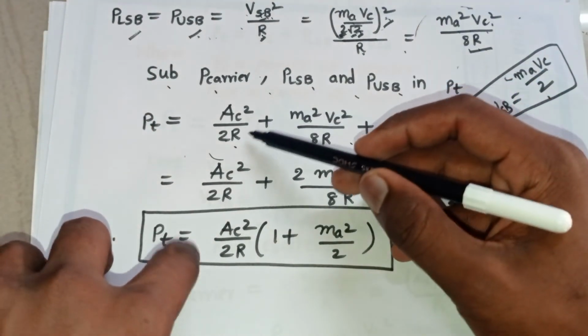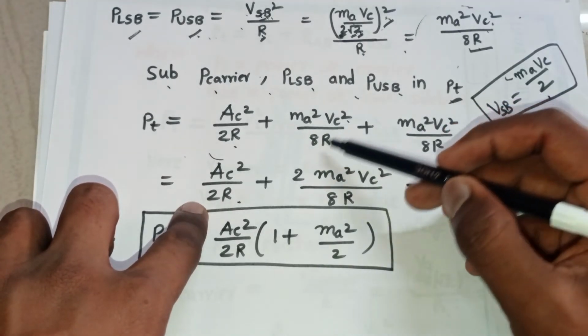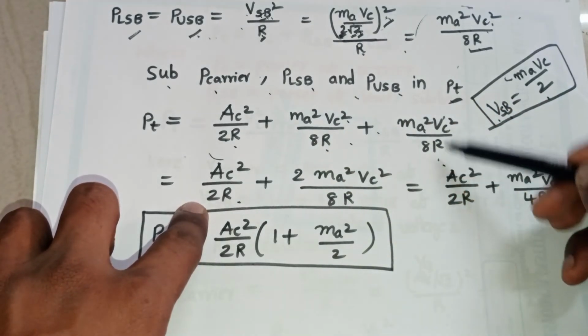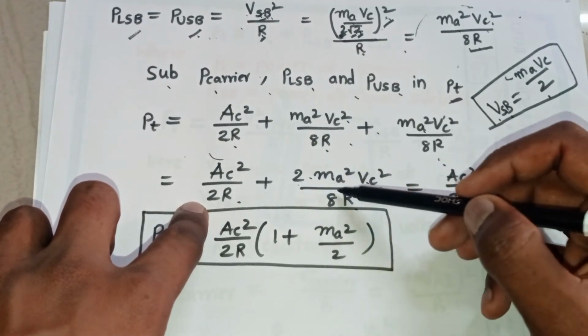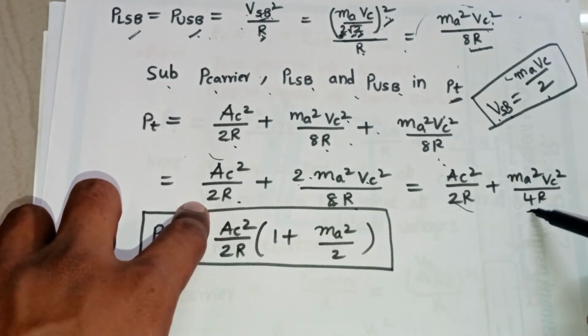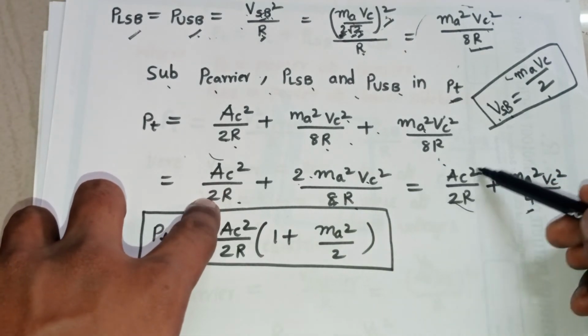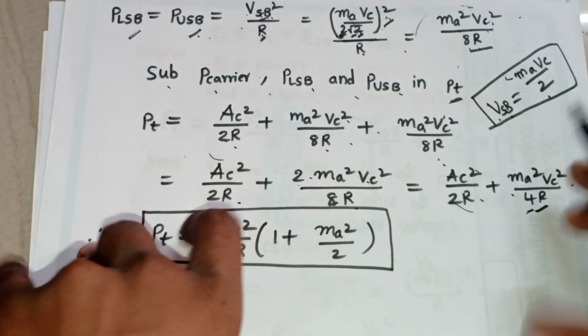These two sideband terms are the same: MA squared Vc squared by 8R plus MA squared Vc squared by 8R equals 2 MA squared Vc squared by 8R. Two ones are two, two fours are eight, so we get 4 here, that is Ac squared by 2R plus MA squared Vc squared by 4R.